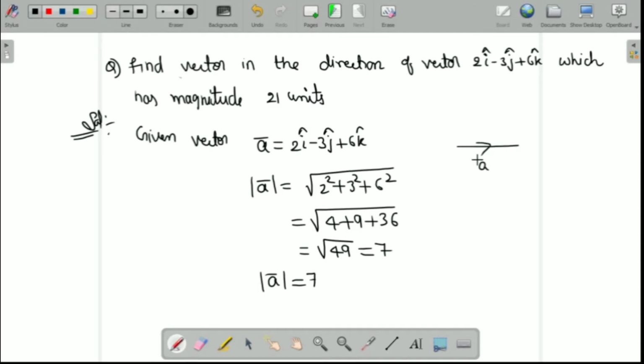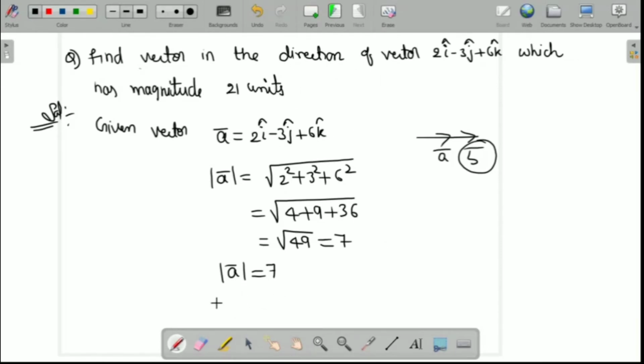This is vector a bar. Another vector is also in the same direction, so let's consider another vector, that is b bar. In order to find this b bar, they are both in the same direction, so first find the unit vector.